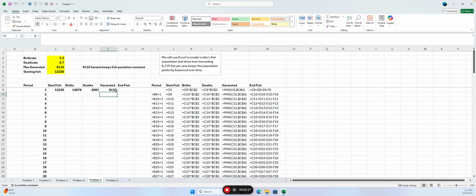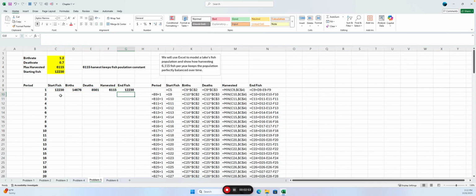And for the calculation, we're taking start fish plus births minus deaths minus harvested for end fish. So we'll do that next. So that equals C9 plus D9 minus E9 and minus F9.